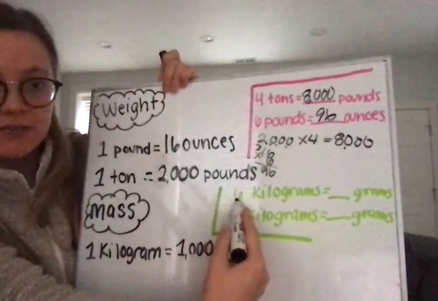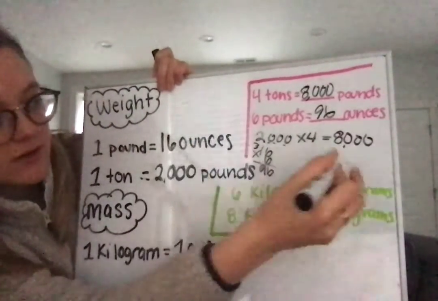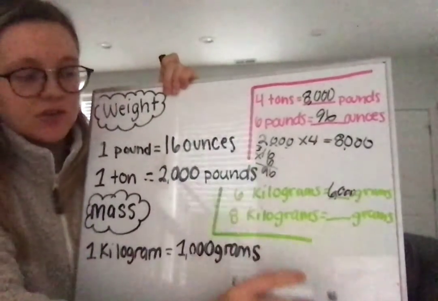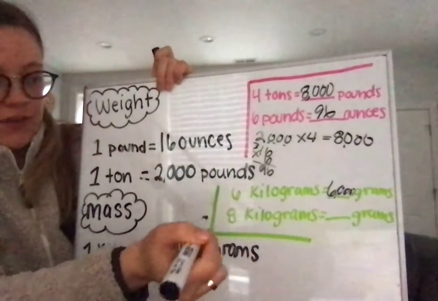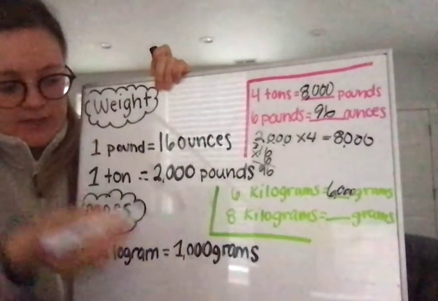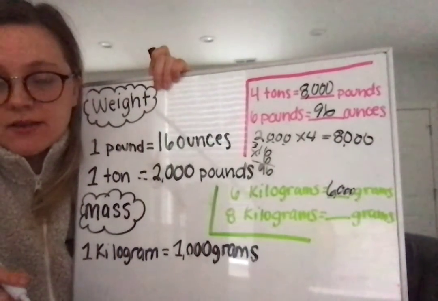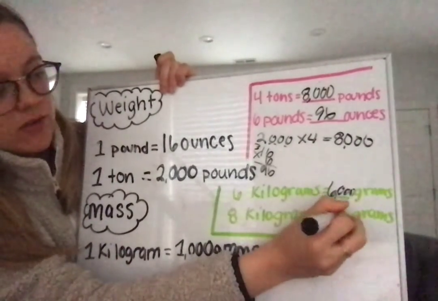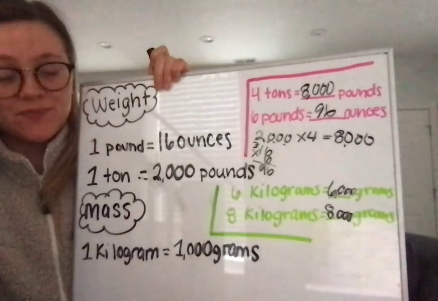So all I'm going to do is take this 6 and add on 3 zeros. So if 1 kilogram is 1,000 grams, 6 kilograms is 6,000 grams. I want you to think to yourself, if 1 kilogram is 1,000 grams, 8 kilograms is how many grams? I'm going to put on 3 zeros, and it is 8,000.